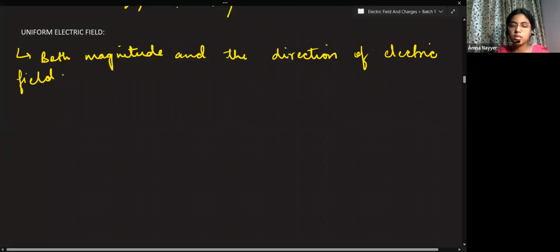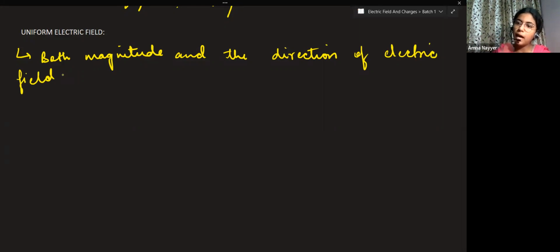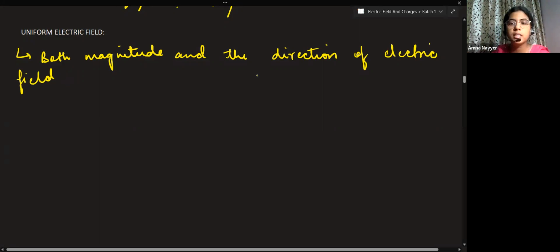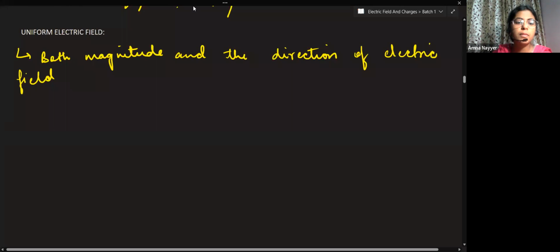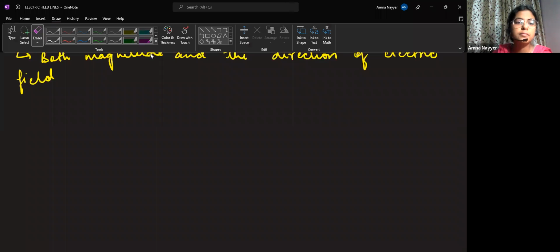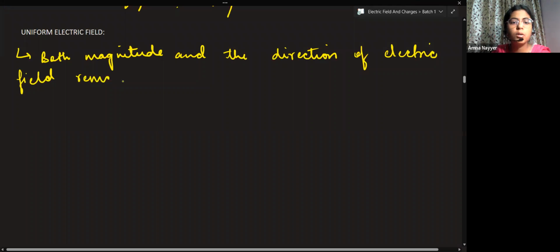If the direction of the electric field is the same and the magnitude is also the same, we say we have a uniform electric field. Both of them remain constant.